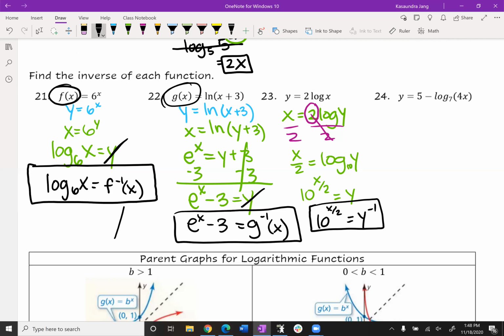It didn't say y of x. So that's why I just did my y inverse, like my y to the -1 here. Does that make any sense? All right, cool. These are good questions, you guys. So I'm gonna have you guys work on 24. Find the inverse for number 24. And then I'll start calling people, see where we got.